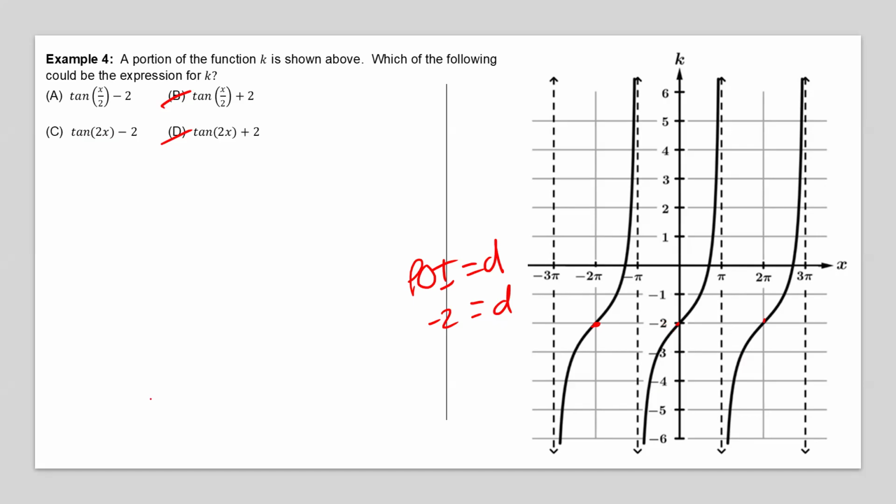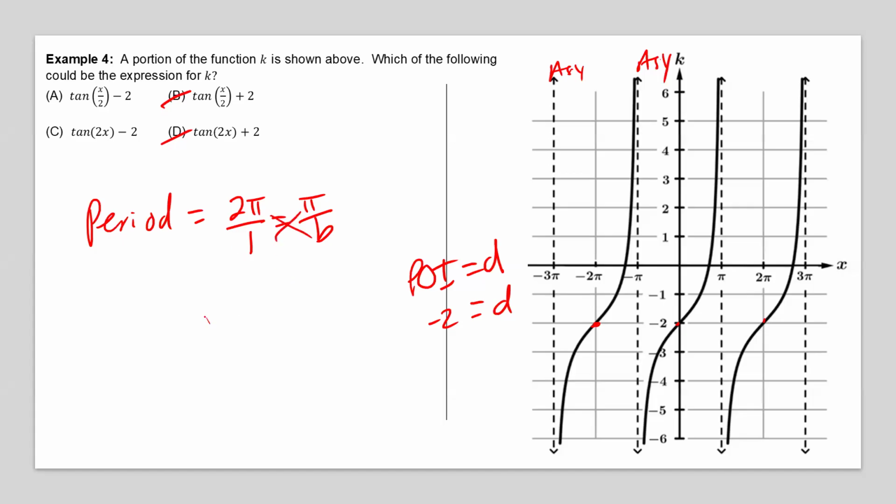So now we've got to figure out our B by first finding our period. Your period equals the distance between your asymptotes. So from this asymptote to this asymptote, what is the distance? 2 pi. So our period equals 2 pi. Because we know our period equals 2 pi, this has to equal pi over B. So we set up our proportion, and we're going to do what?